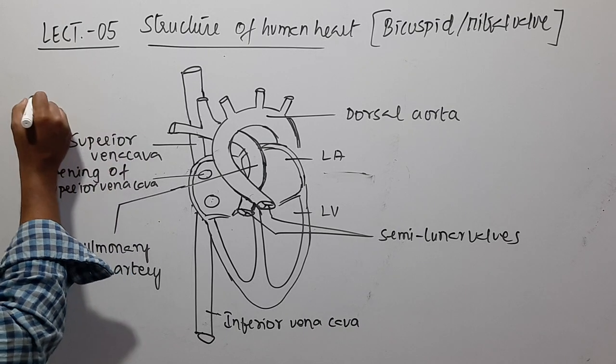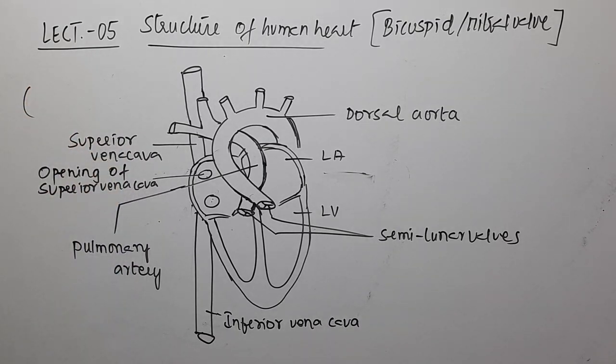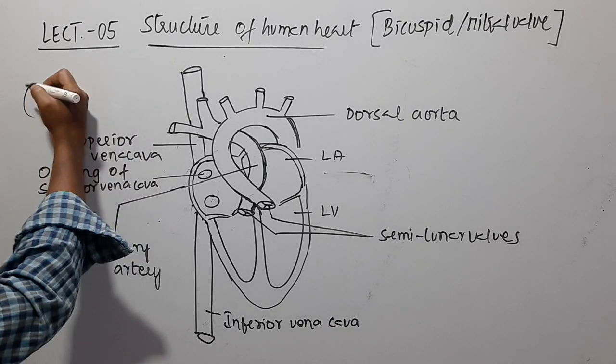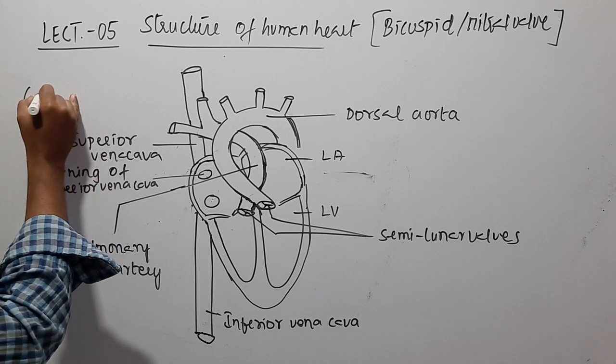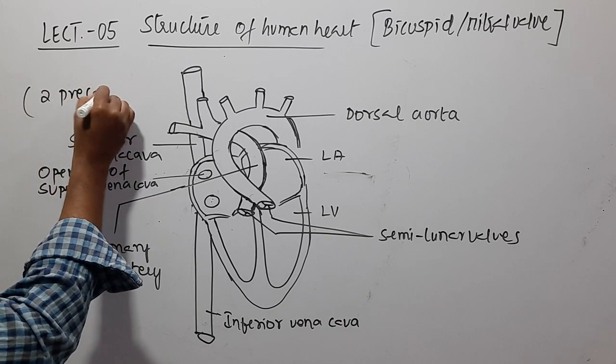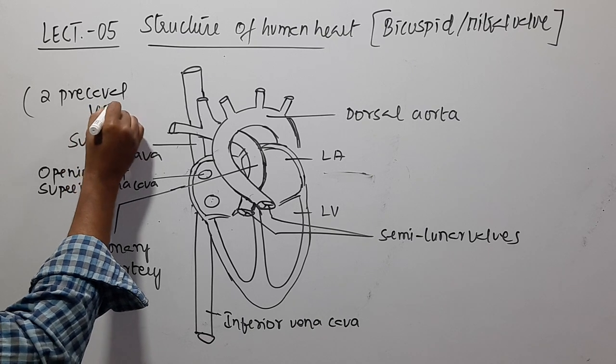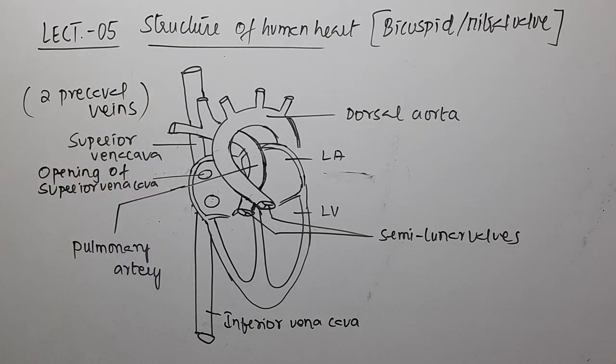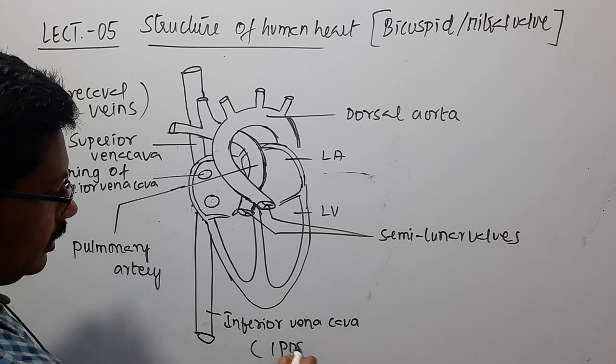This superior vena cava is formed by two precaval veins, whereas the inferior vena cava is one postcaval vein.